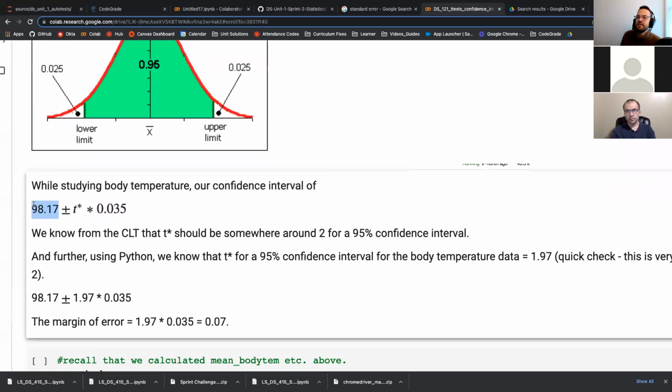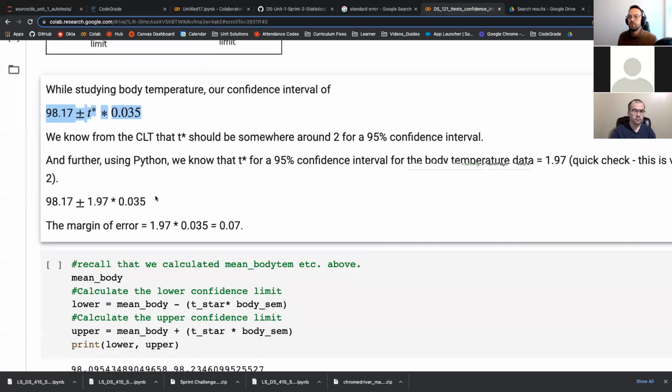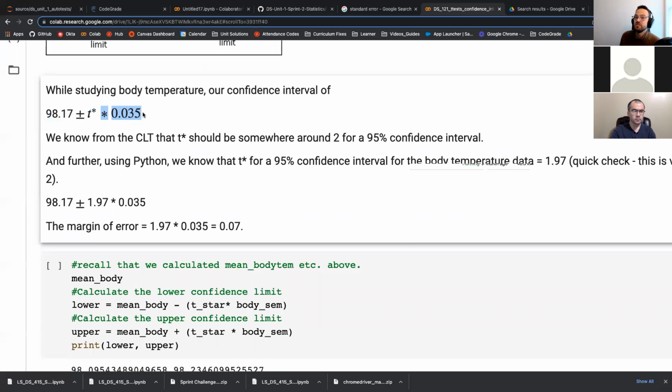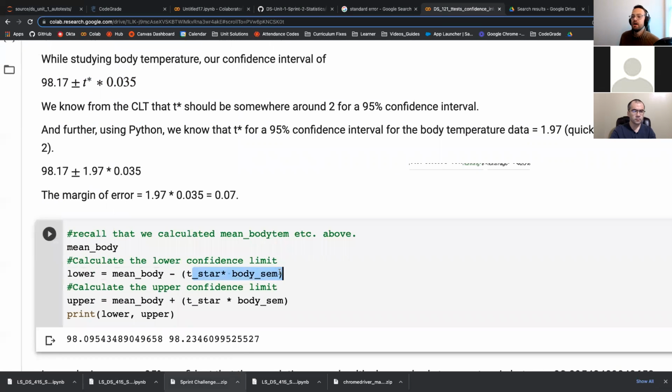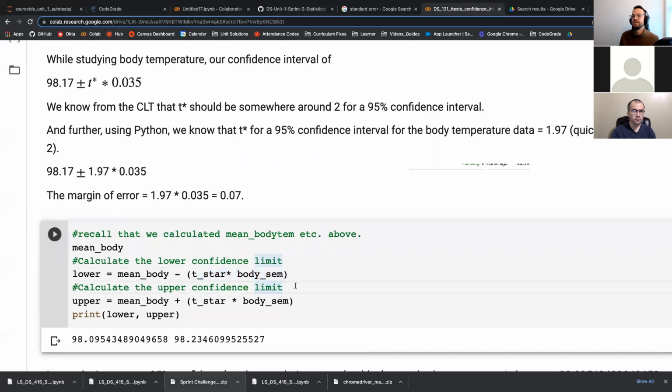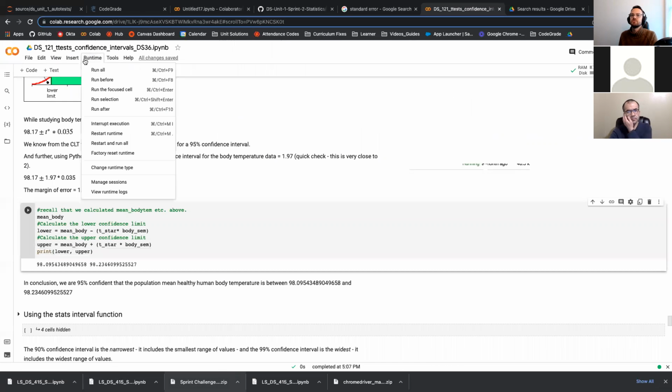So this is your calculation for determining your lower and upper value. Or otherwise, if you want just the margin of error, you take your T star times your standard error. So let me go ahead and run these previous cells and show what it looks like beforehand.